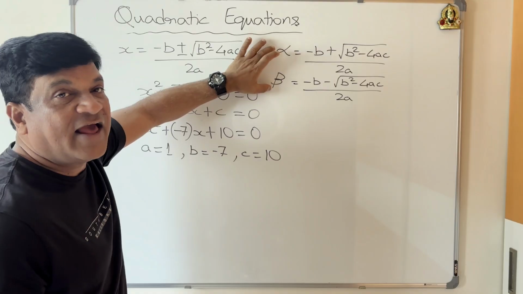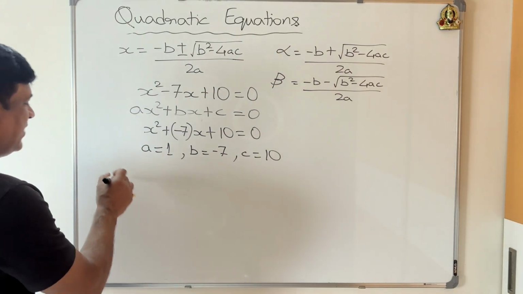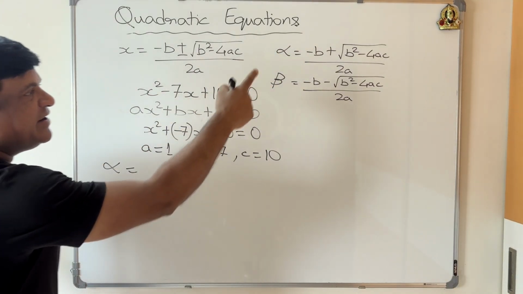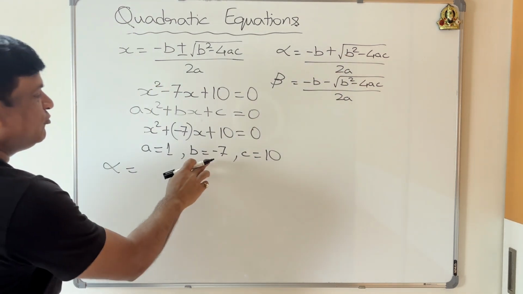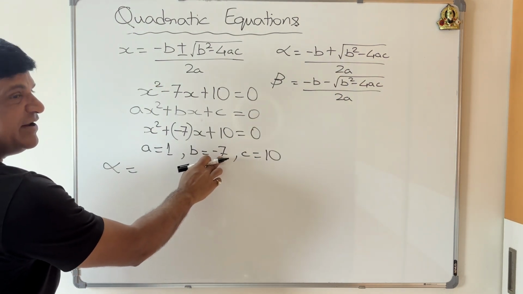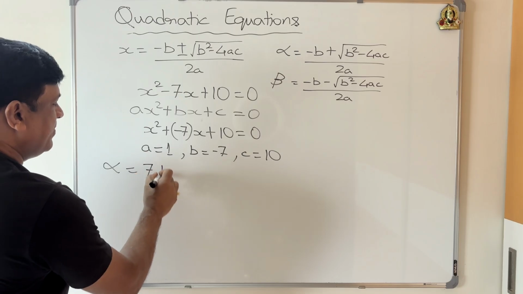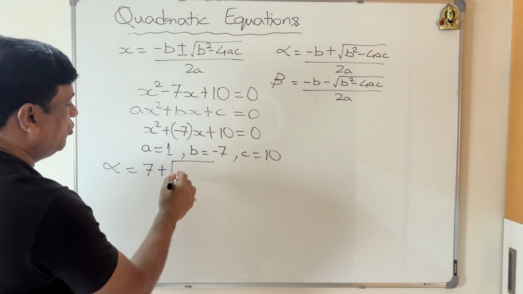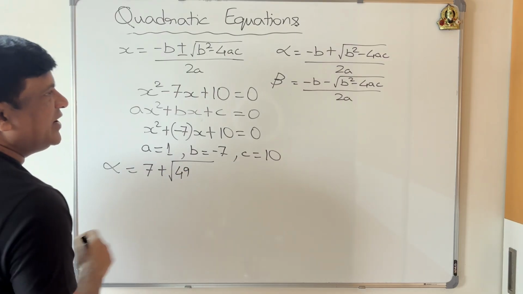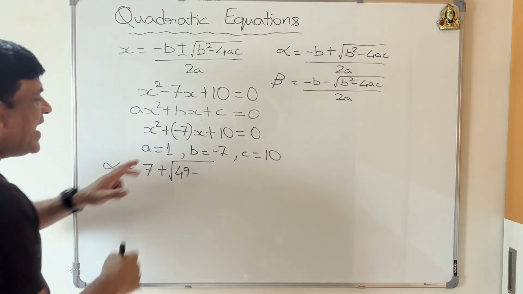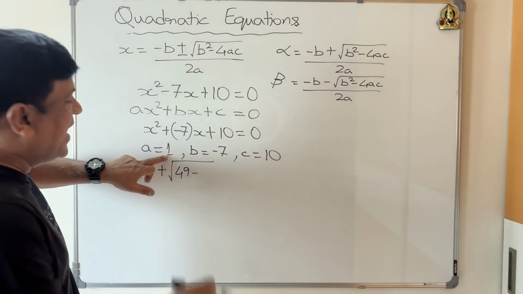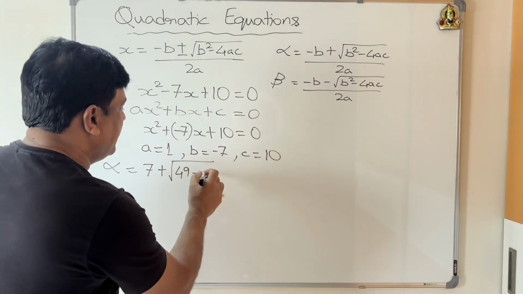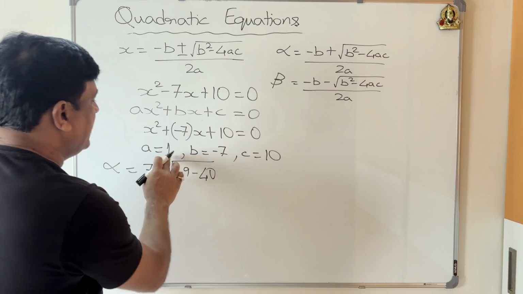So these are the values of a, b, c we have for this particular equation. Now let's calculate the value of alpha and beta. What is alpha? Alpha is minus b plus minus root of b square. So minus of minus 7 will become 7, plus you have b square over here. Minus 7 whole square is 49. Minus 4ac. 4 into a into c. 4 into 10 is 40, 40 into 1 is 40.